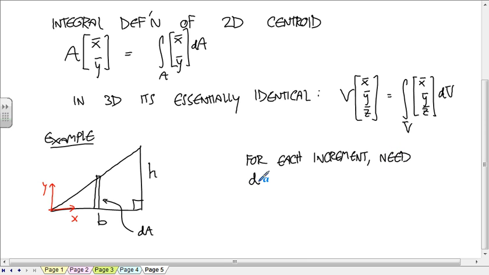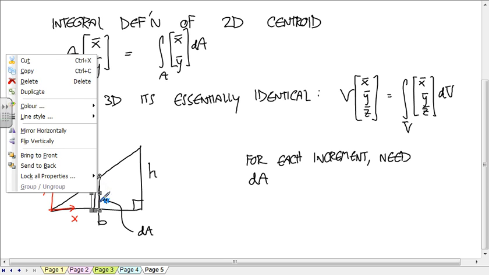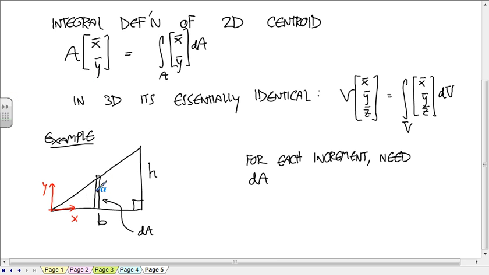We need how much area we have, and that's this dA, and we need the x and y coordinates of the centroid of this strip. So where's the centroid of this strip? It's just the middle, the same way we've been doing for rectangular shapes up until now. So the centroid is here. Can we come up with coordinates for that point?